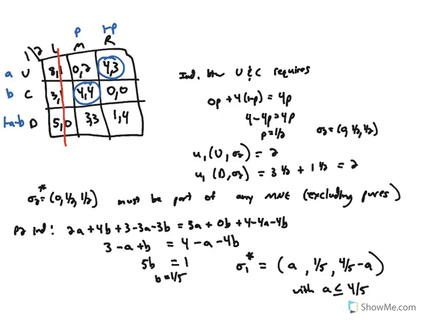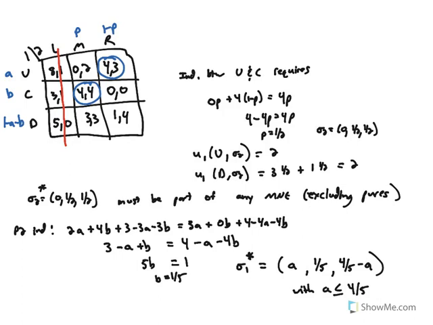Never mind. I won't go there. Okay? All right. So, yeah. Even though D is not a best response to anything player 2 can do, it can still be a very important part of a mixed strategy equilibrium profile.